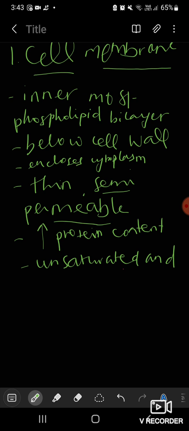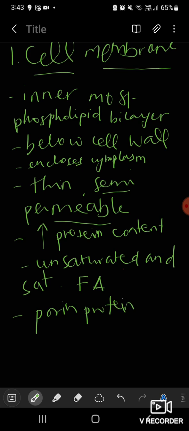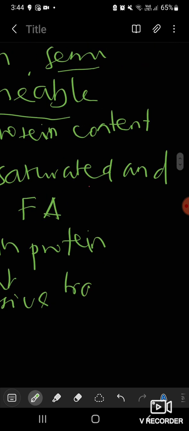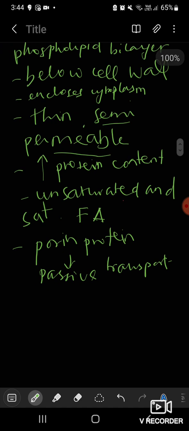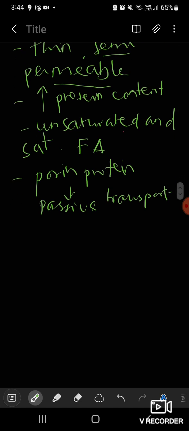Then they are equipped with porin proteins, which are a type of protein that transport nutrients and ions by passive transport. So that's about that.